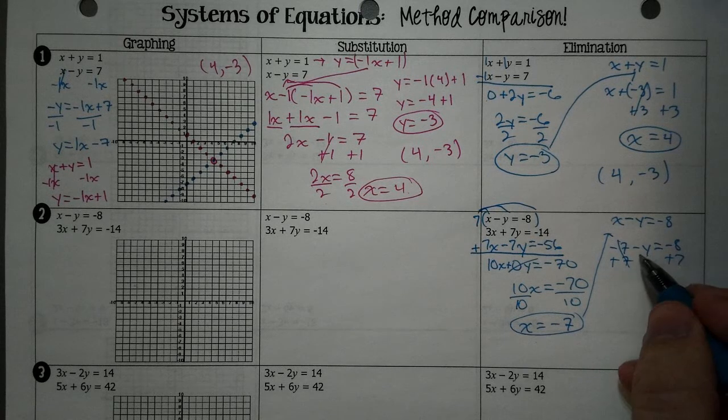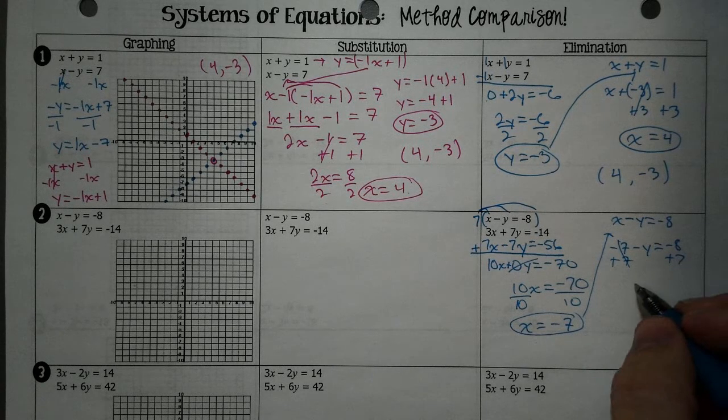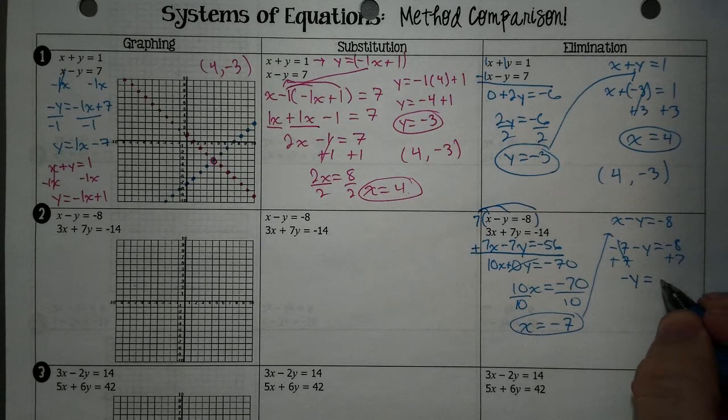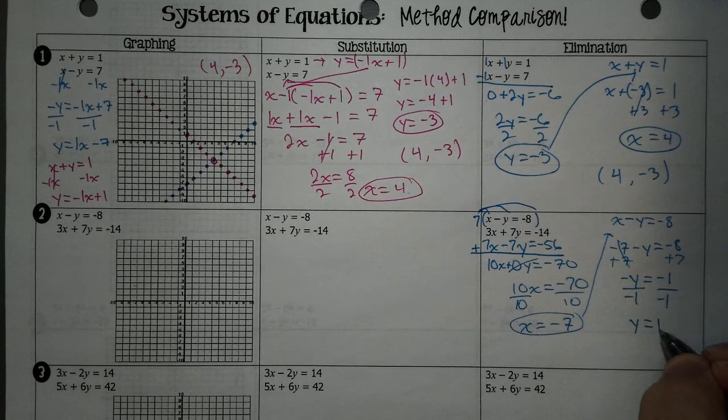Now be careful, as this isn't just a y, this is a -y, so bring down the -y. -8 plus 7 is -1. Now, to get what y equals, I'll have to divide by that sneaky 1. Get y equals +1. So these will cross at the point -7, 1.